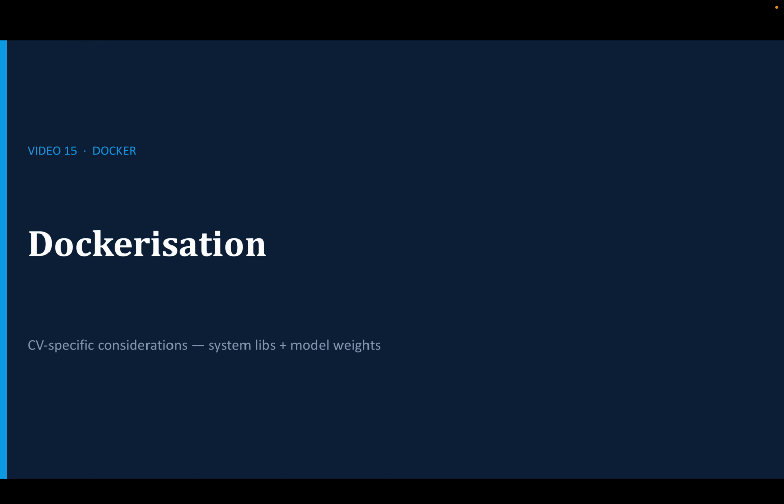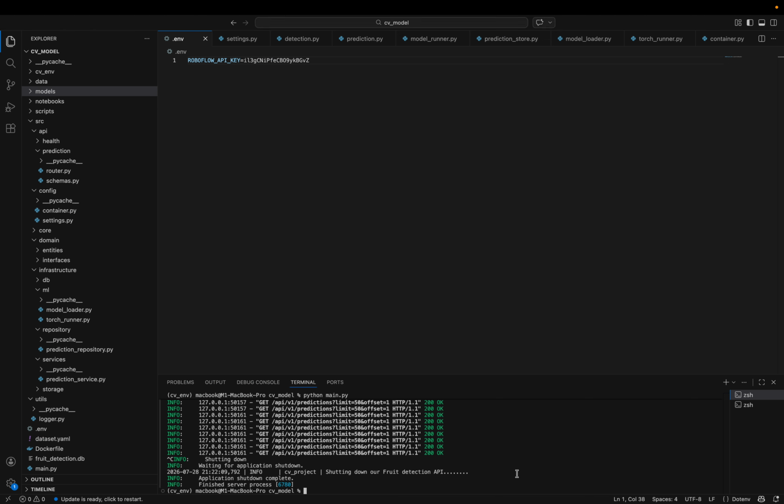This is one of the, I would say, closing videos for this series, where we're going to be discussing Dockerization. Why is Dockerization important? Let's say you built an entire project, as we've built ours, where we've tested and got predictions.